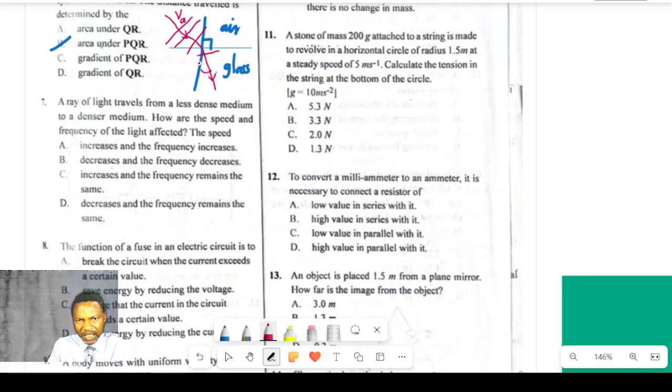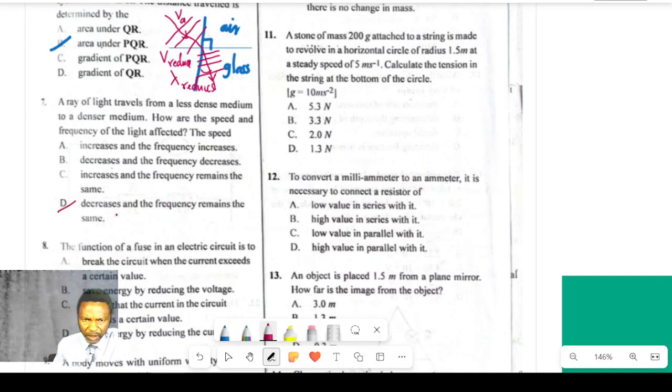Once it enters the glass, the wavelength reduces, and the speed also reduces, but the frequency remains the same. So number 7 is D.